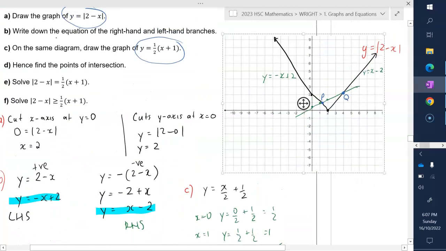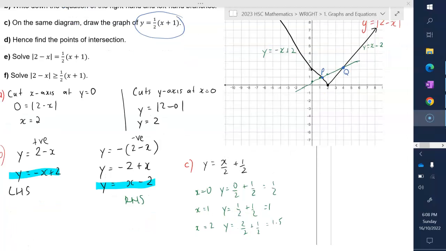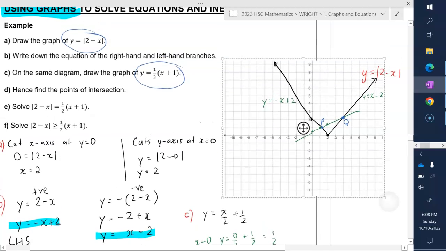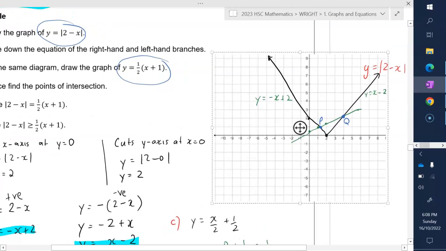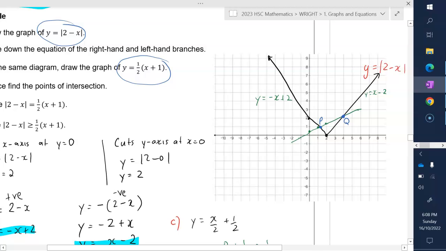We're looking at where the absolute value of 2 minus x is greater than or equal to 1/2 of x plus 1. So go and have a look at the graph. See if you can see what's happening and where one is greater than the other. So have a think what that's actually saying. It's asking us, when is our absolute value of 2 minus x, which is that black curve, greater than or equal to our green line here?